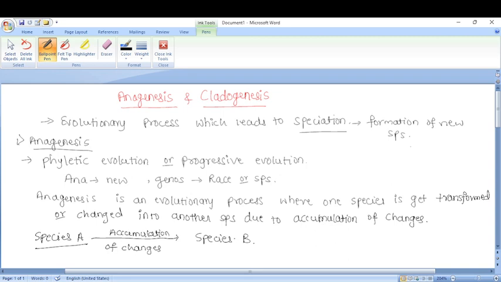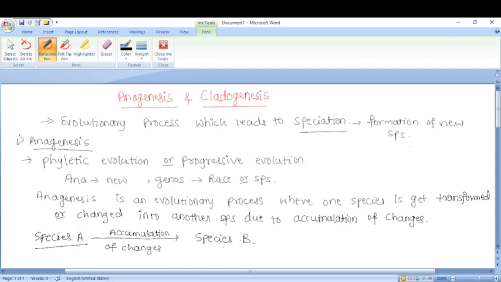Is it clear? Remember, once species A is transformed into species B, species A will get extinct.